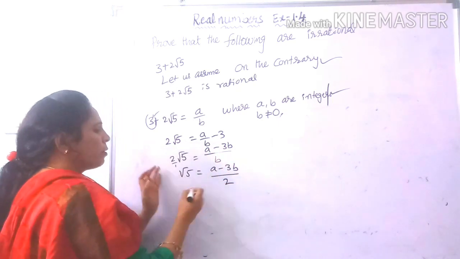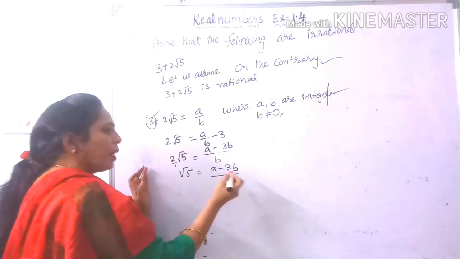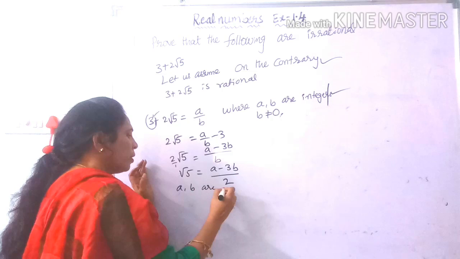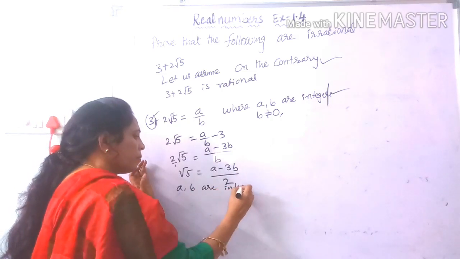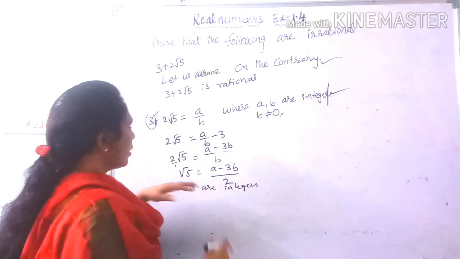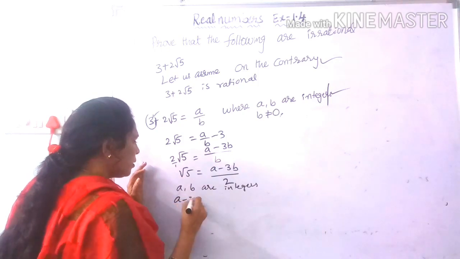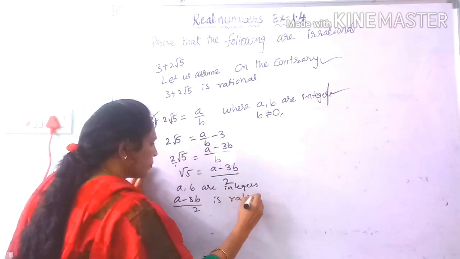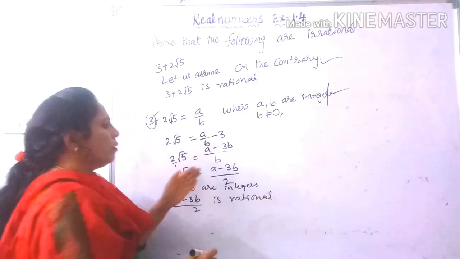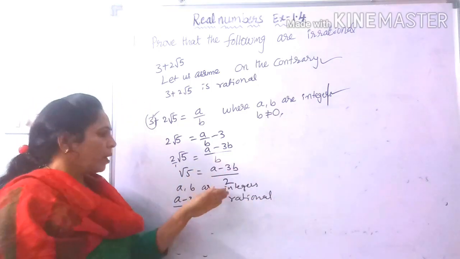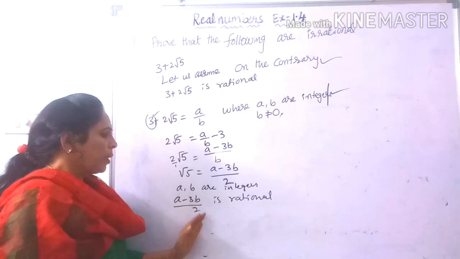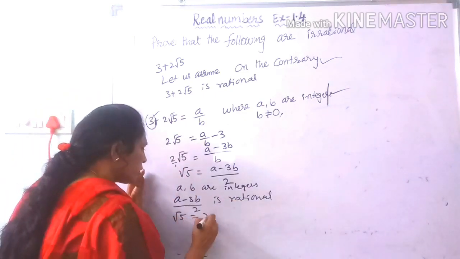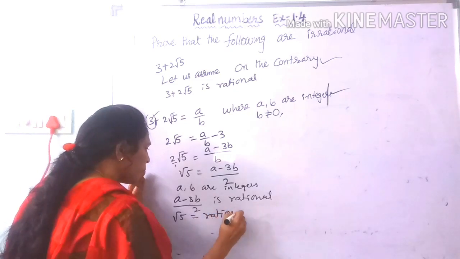So root 5 is equal to, since a, b are integers, a minus 3b by 2 is rational. So these a, b are integers, a minus 3b by 2 is a rational number. So root 5 is equal to rational.